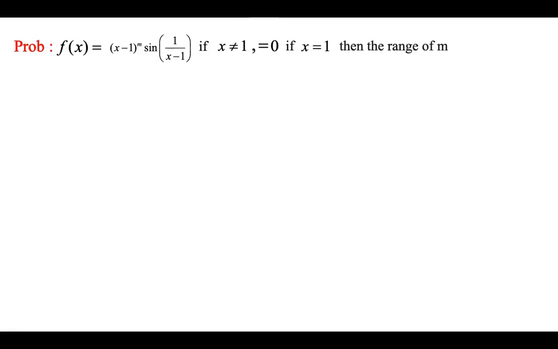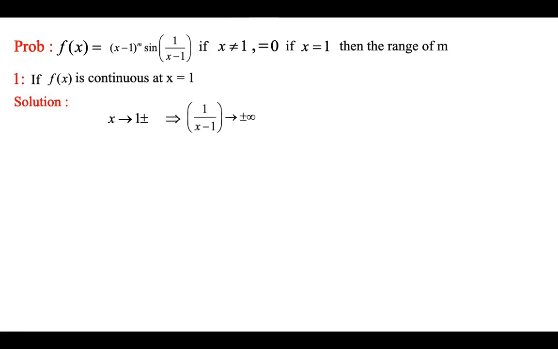Then what is the range of m? That is, what are the different values of m for different conditions? First one: if f(x) is continuous at x = 1, what must be the range of m? When f(x) is continuous, as x tends to 1 from the right or the left, x − 1 will be tending to 0⁺ or 0⁻.